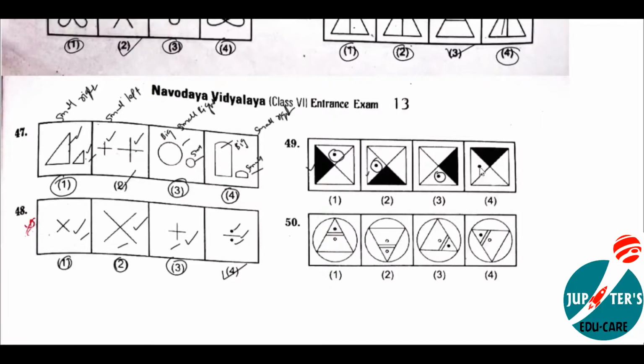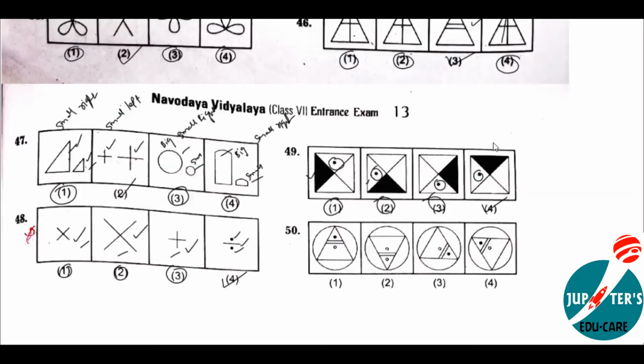In option 4, this dot is before the shaded part. So if you observe carefully, students, in the first, second, and third options, first the shaded part, then the dot. But in option 4, first we have the dot, then the shaded part. So option 4 is our answer.